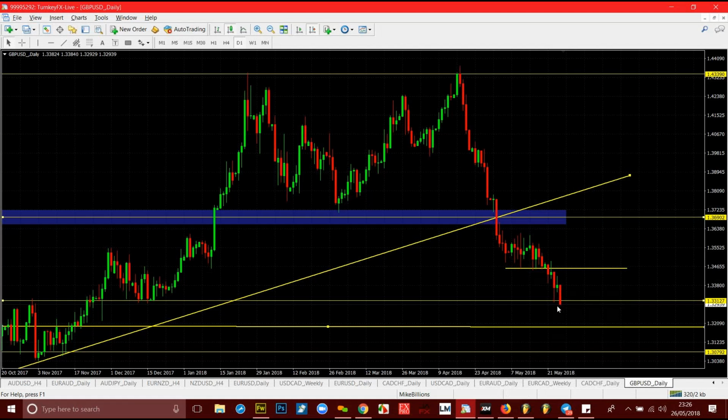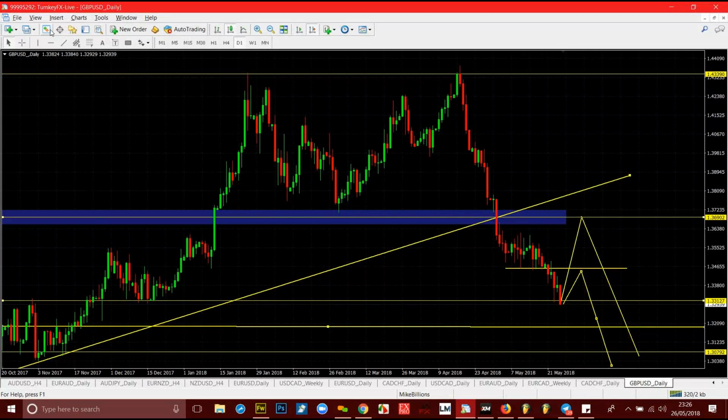It may just go back to this point before dropping, or even go back to this point because it broke out of it. So get a good entry. But I think this one is coming down. It's definitely coming down.